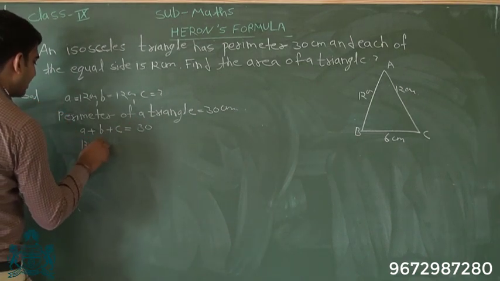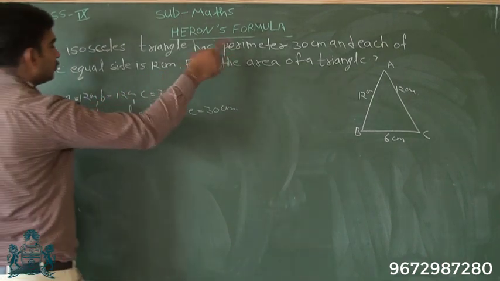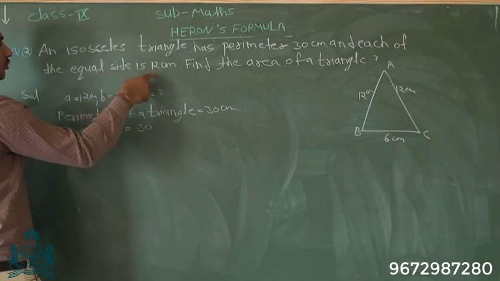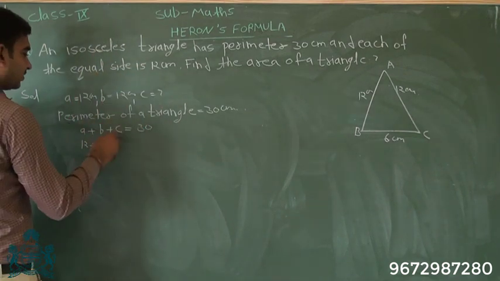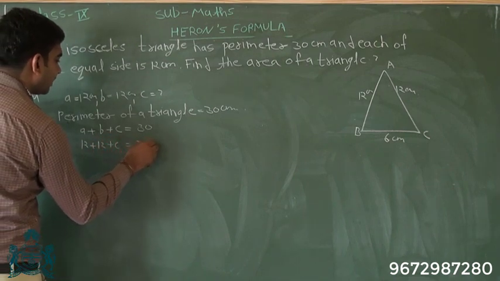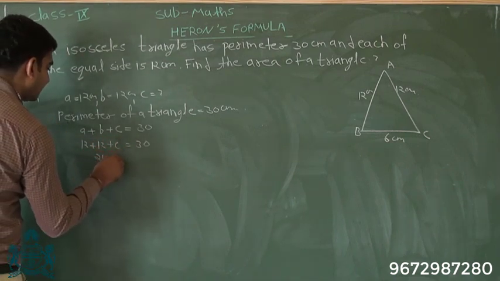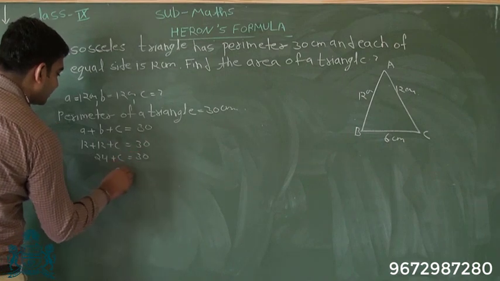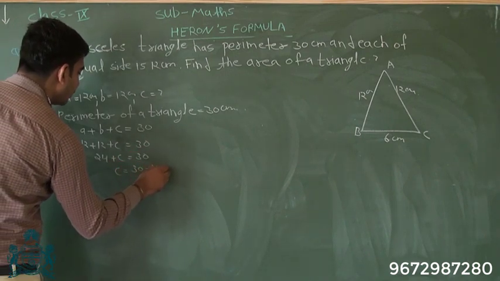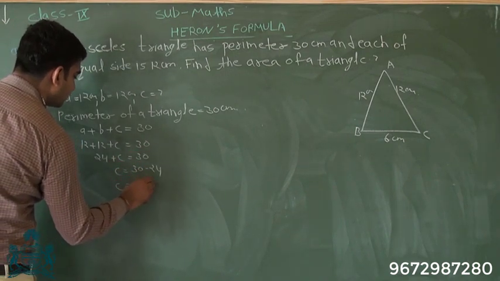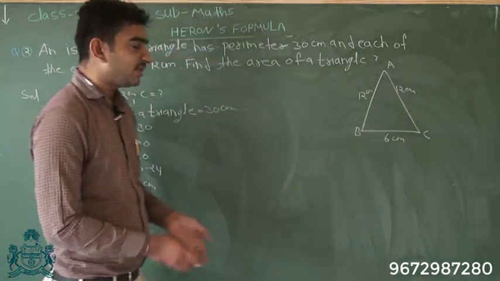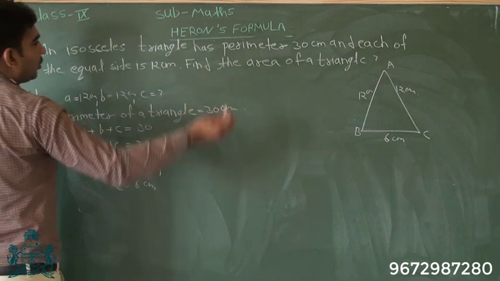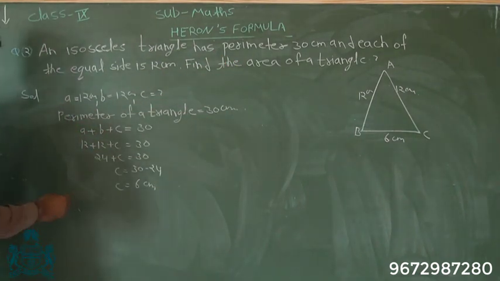A equals 12, two sides are equal in an isosceles triangle, then 12, 12, and the third side C: 24 plus C equals 30, C equals 30 minus 24, C equals 6 centimeter. Then A 12, 12 and 6, three sides are given. Then find the area of the triangle by Heron's formula.